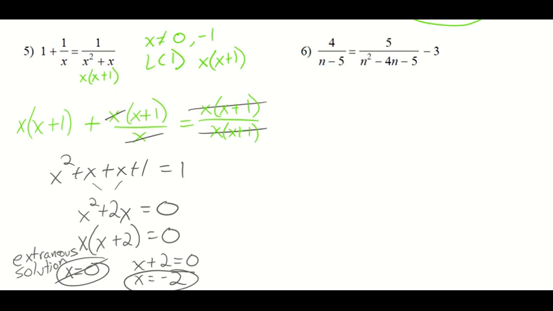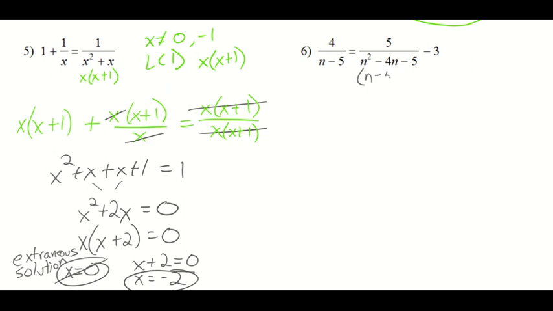So let's take a look at number 6 and see if this gives us any other extraneous solutions as well. So with some of these equations, some might end up with no solutions just because what you end up solving for could be extraneous, because if we substitute it into our original equation, we end up dividing by 0. So let's factor this first.